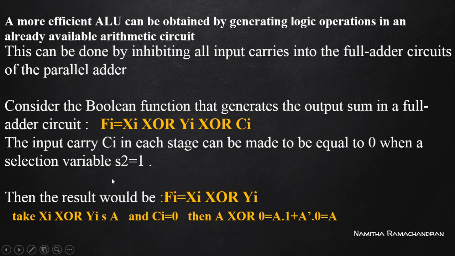In order to perform a logical operation, which is identified by the value of the selection line S2, whenever this S2 becomes 1, we need to make the ci value 0, so that the output of our full adder is reduced to xi xor yi.